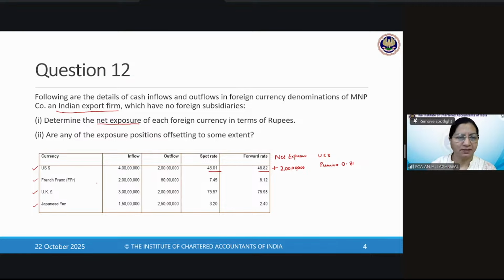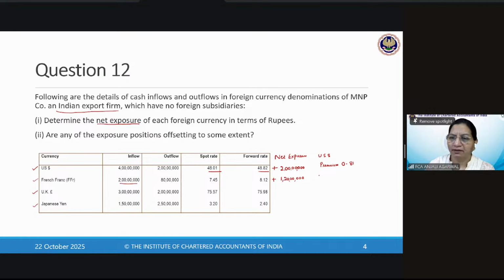The second currency, similarly, we can talk about is we had a French inflow of 2 crores, whereas the outflow was 80 lakhs. So what is the net exposure? Once again, you have receivables plus 1.2 crores, right? So the 1.2 crores, which was receivable at 7.45 exchange rate, French franc is 7.45 rupee per French franc, which has changed to 8.12.